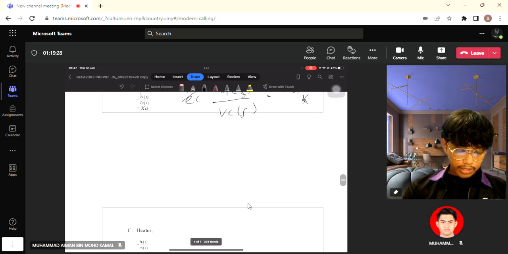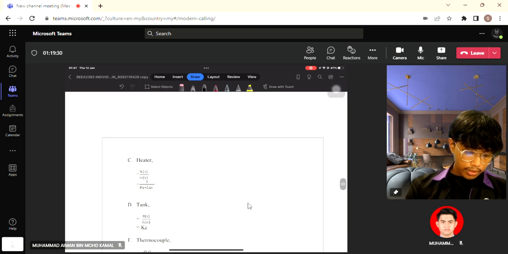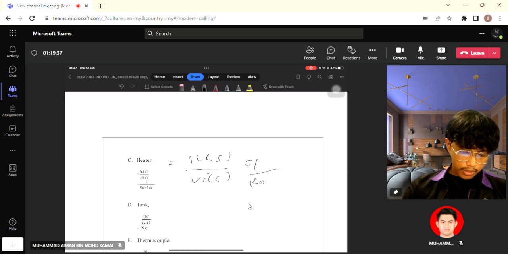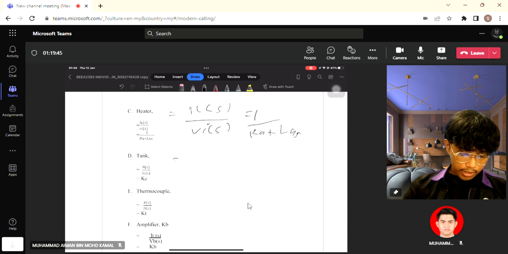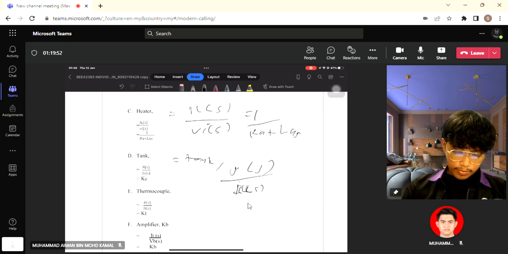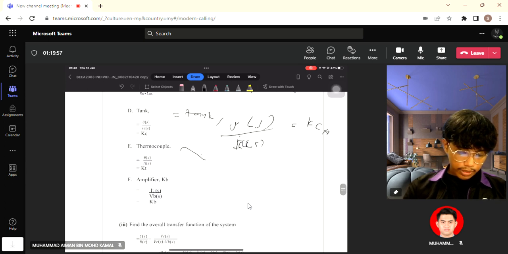Alright, and after that we get the heater. For the heater, we must write down IL(s) over VI(s), 1 divided by RA plus LA s. And for the tank also the same, theta(s) divided by IL(s), and we get KC right here. And the thermocouple is also the same, theta(s) by the amplifier output, and KT.